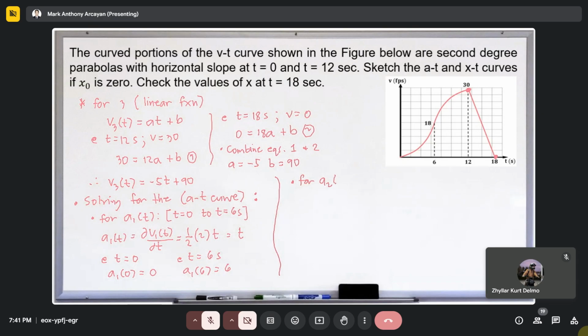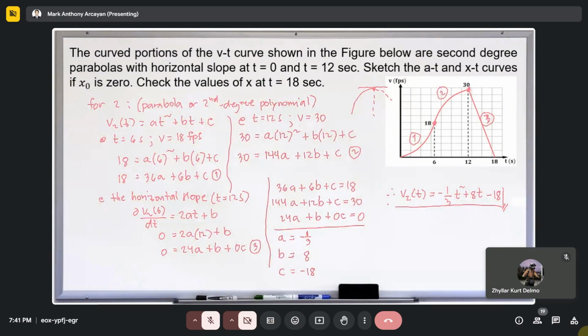Next is for a sub 2 of t, which lies on the interval t is equals to 6 seconds to t is equals to 12 seconds. Okay, we have a sub 2 of t is equal to the first derivative of the second velocity function with respect to time. Our second velocity function is negative 1/3 t squared plus 8t minus 18.